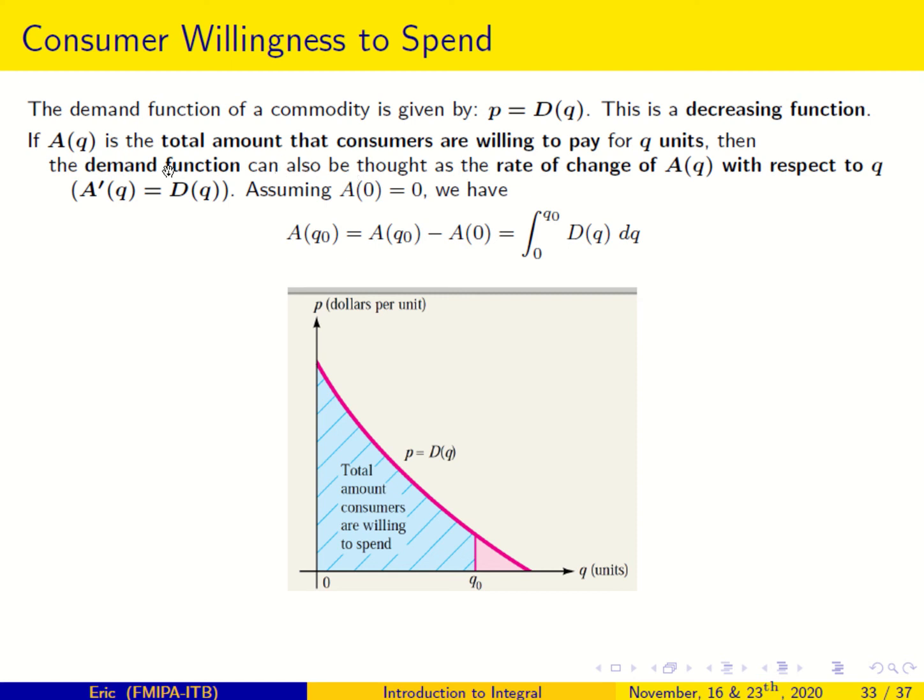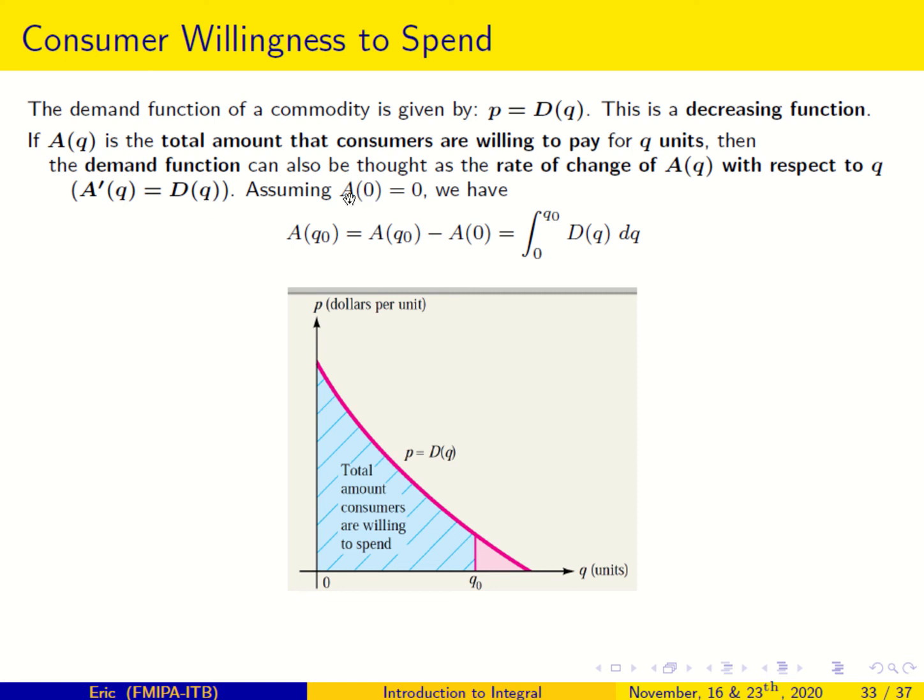So the demand function can be thought of as the rate of change of A(Q) with respect to Q. If for 5 units you are willing to pay 1 million, then adding one additional unit changes the total amount by the unit price. That is the demand function, the unit price when you buy Q units.